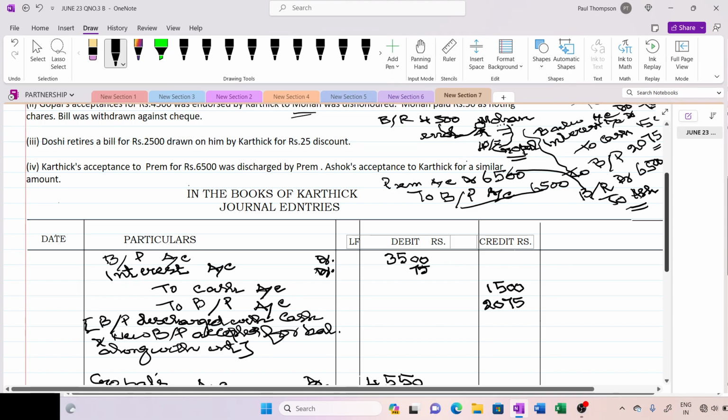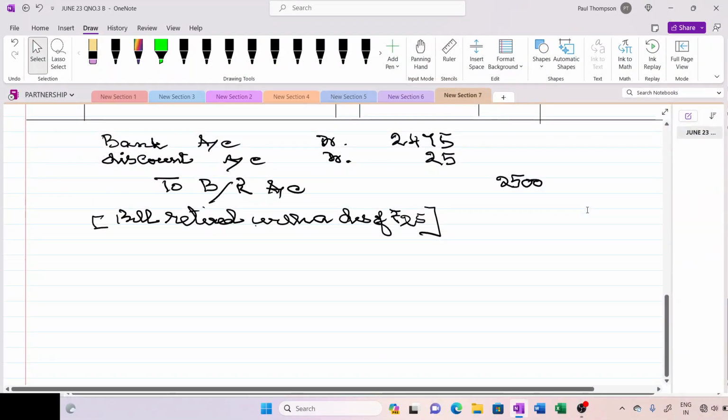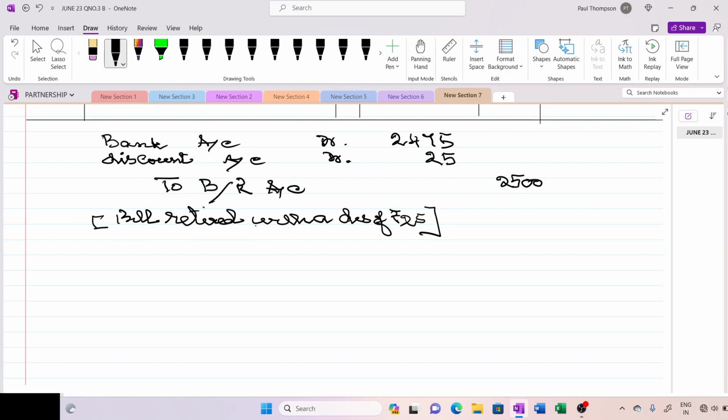Now no more the bills payable is payable because he will be giving the BR to this fellow. So this bills payable will get debited, this BR will get credited. I hope you understand because I have to make payment to one fellow and I have to receive the same amount from another fellow.